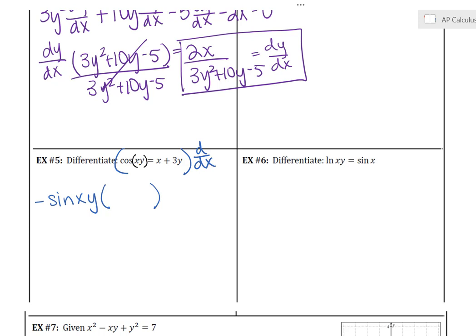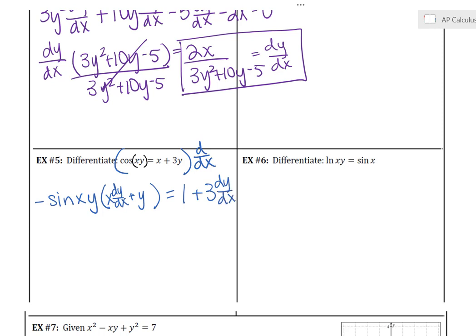So we have x times y, which would mean x dy over dx, because the derivative of y, plus y dx over dx, which is just 1, so I'm not even going to write it. That equals, derivative of x is 1, dx over dx, so it's just 1. This is going to be plus 3, and then that y becomes dy over dx.